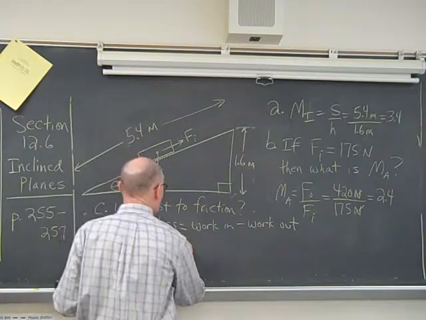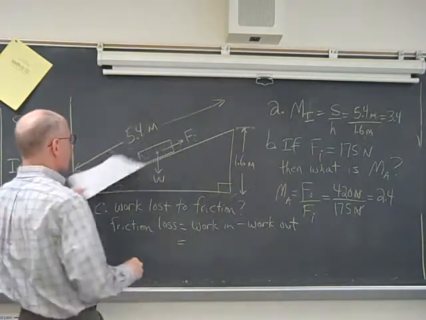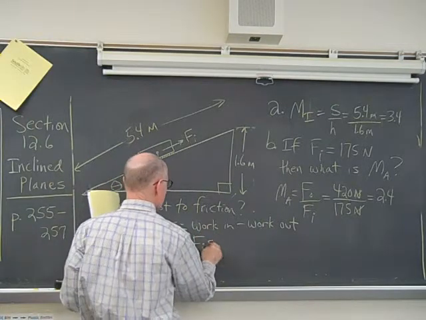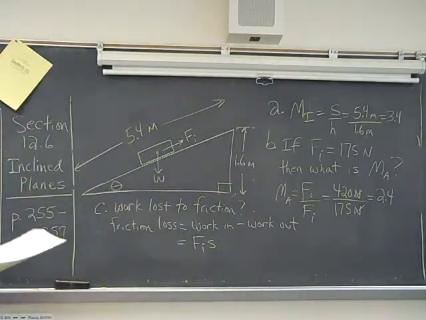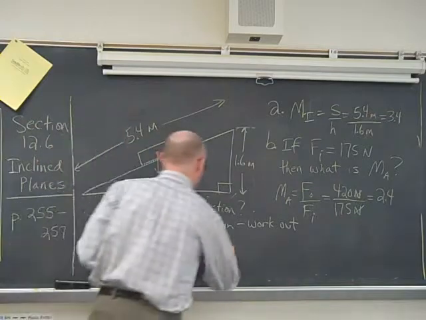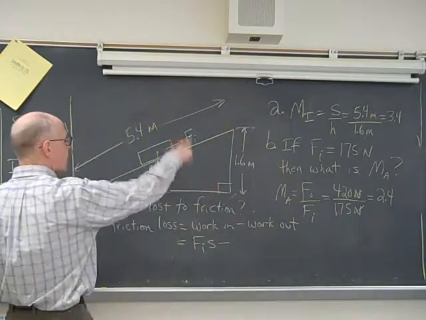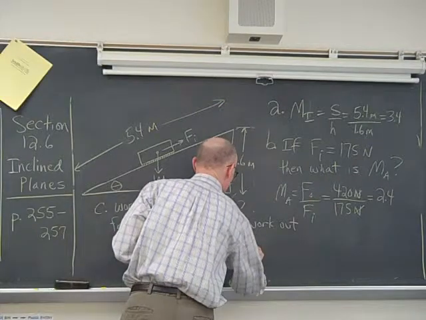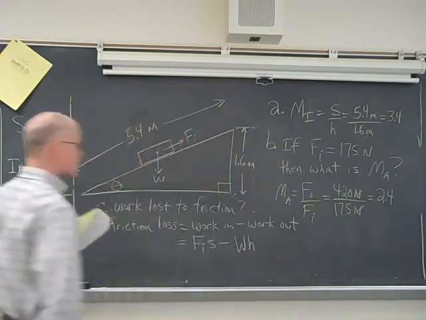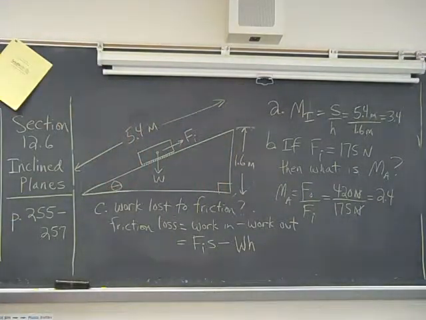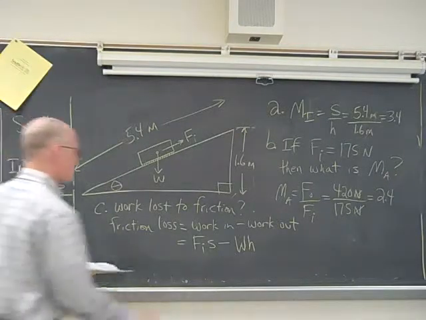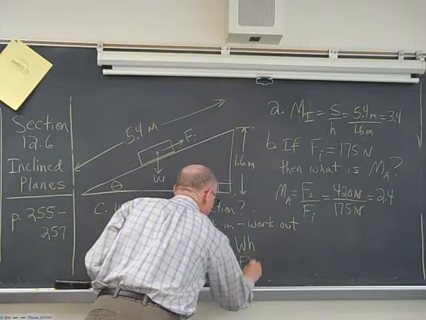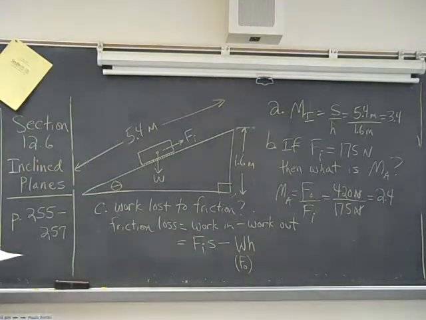So work in along the input of the inclined plane is input force times the distance along the plane, and the output side is equal to the weight of the object you're moving times the height of the inclined plane. And remember, the weight of the object is the same as your output force.